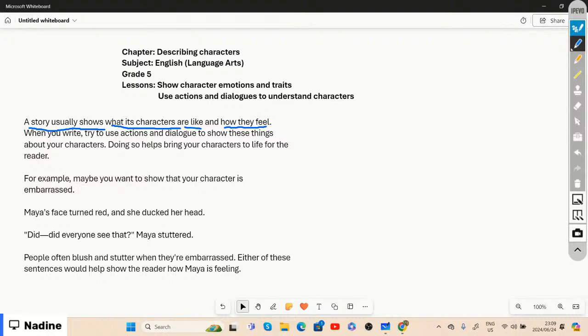So whether it is a book that you're reading, or nowadays we have audiobooks where you can listen to stories, or stories can even be on television where you can see them, usually a story shows what its characters are like or how they feel.